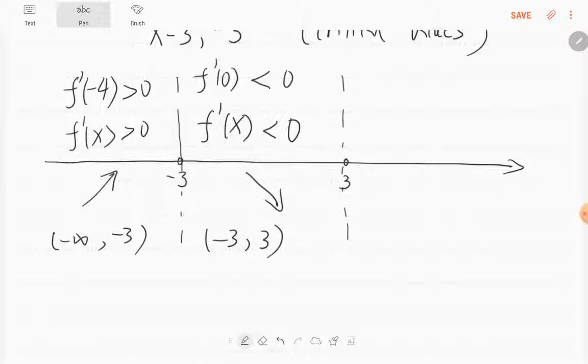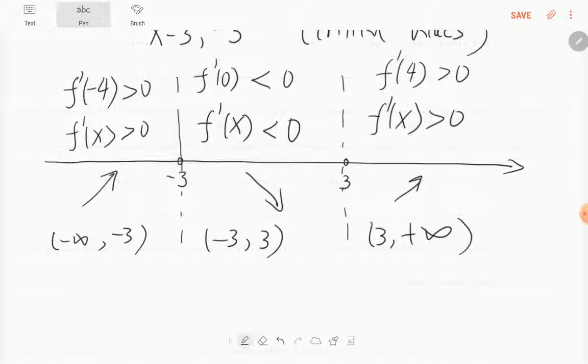Then on the interval from 3 to positive infinity, we plug in 4, and the derivative will be positive again. So it is increasing on this interval. And so we know this is increasing, then decreasing, then increasing. So at negative 3 would be a local maximum, right?